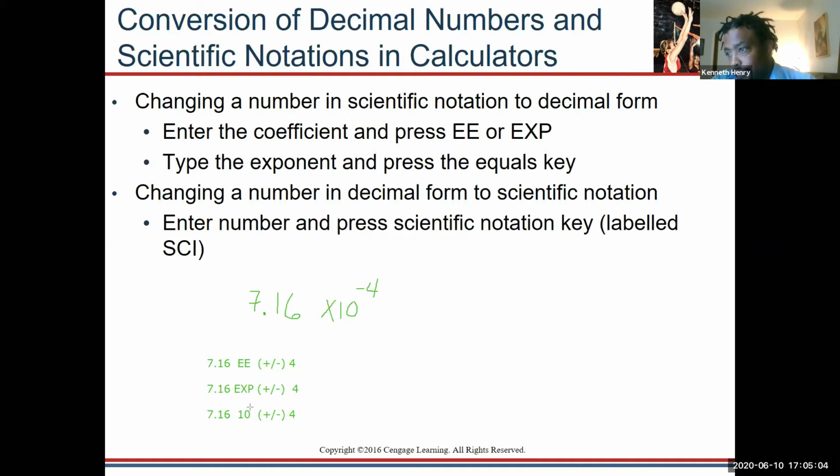Yes, sir. So for the calculator version, you just put 7.16, second EE, 10 to the -4. That is correct. And you want to make sure to use this negative, and not this subtraction. Okay?